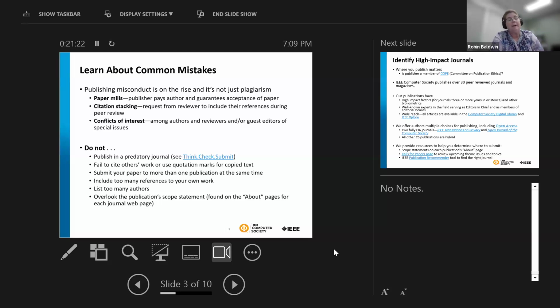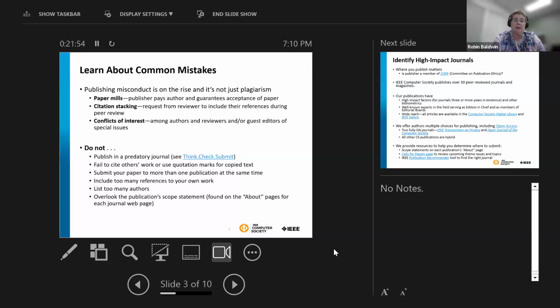For IEEE, I'm going to interchange IEEE and IEEE Computer Society often in this presentation, IEEE being our parent organization. Our policy is also that each author listed in the paper needs to have made a significant contribution to the paper, or the research, and the writing of the paper.